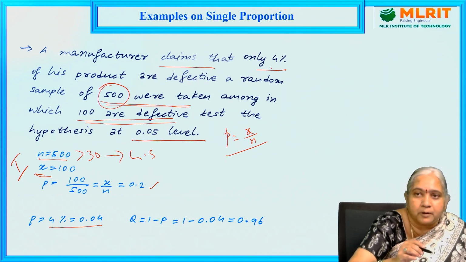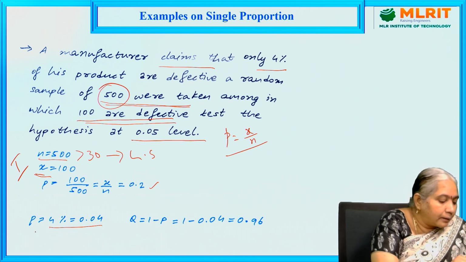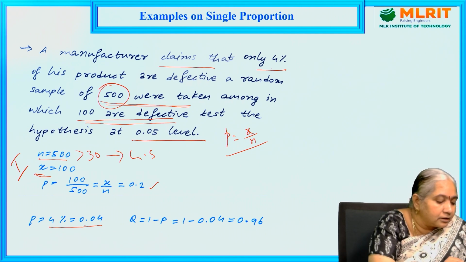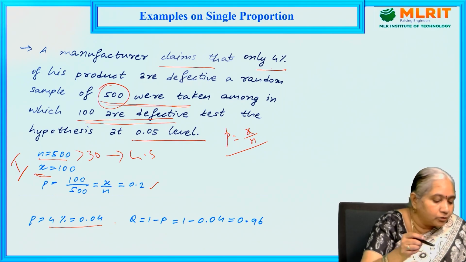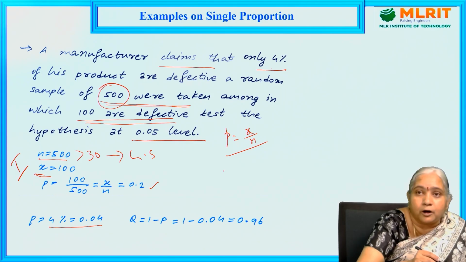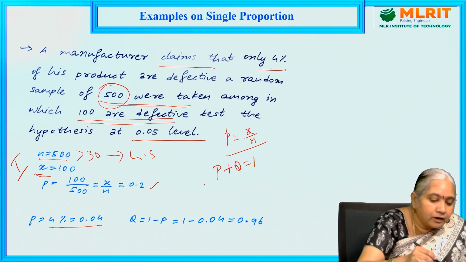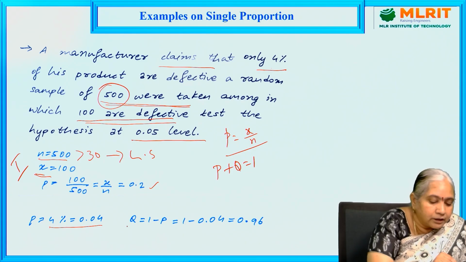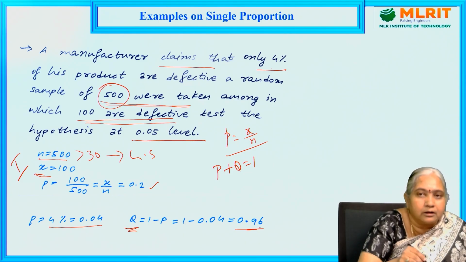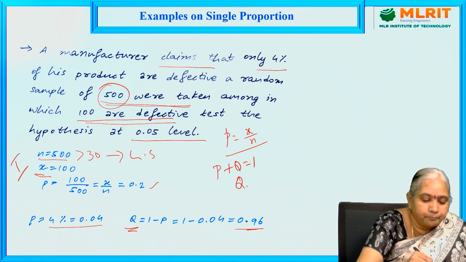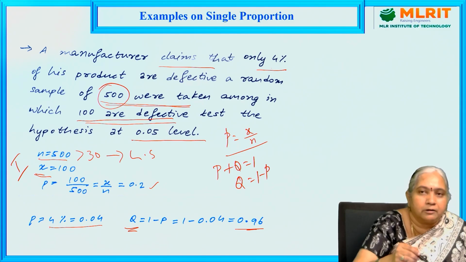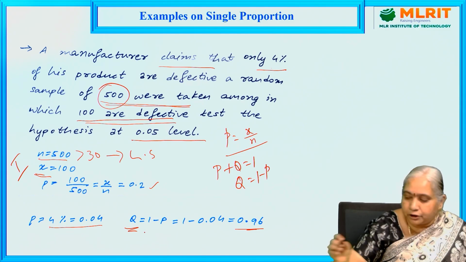Only 4% of total product is defective in his factory. So capital P equal to 0.04, and we know that total probability is equal to 1, so capital P plus Q equal to 1. If P equal to 0.04, then Q equal to 1 minus P, so Q equal to 0.96.